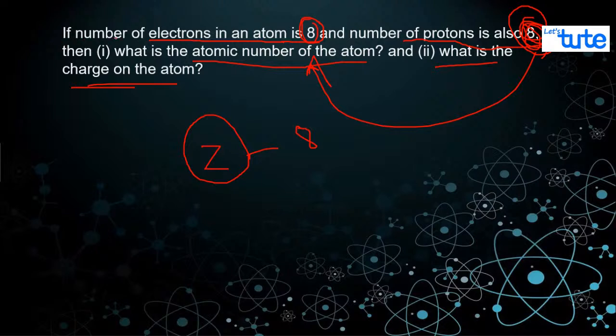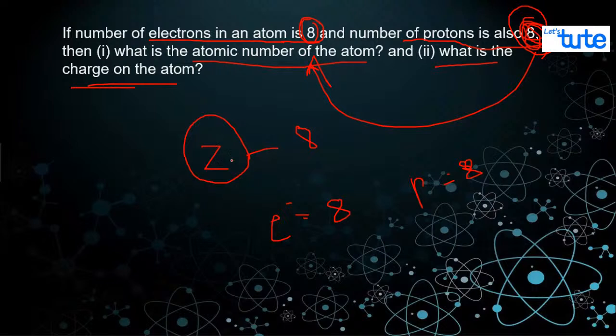So if the number of electrons in an atom is 8, they have given us the number of electrons. So the number of electrons is given as 8. The number of protons is given as 8. These are the two things which they have given us. They have asked what the atomic number is.